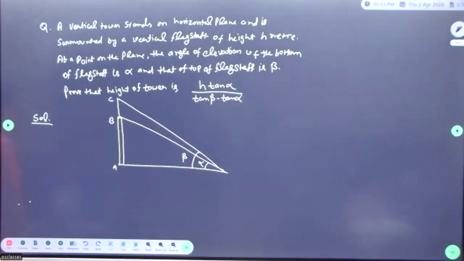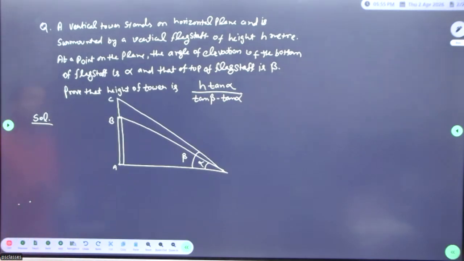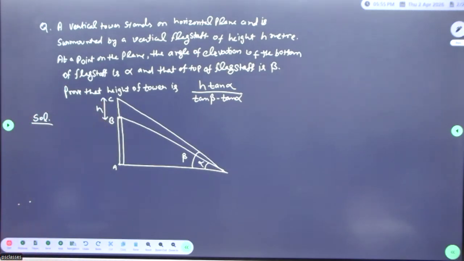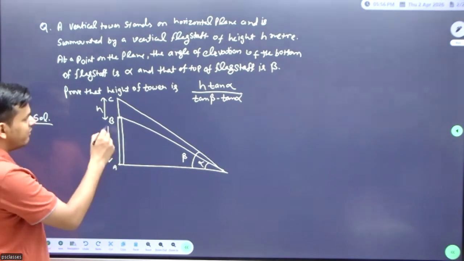Now we have to find the height of the tower. What is H? H is the height of flagstaff. So BC is equal to H. And we have to find the height of tower.